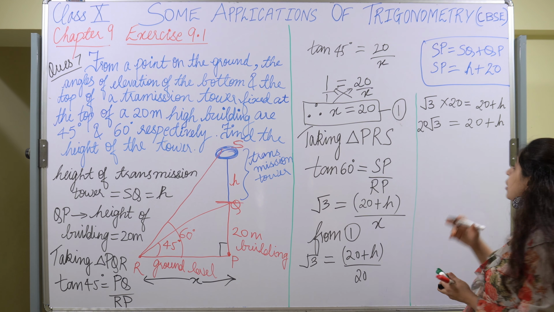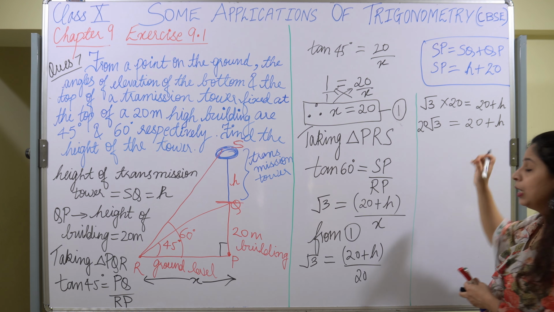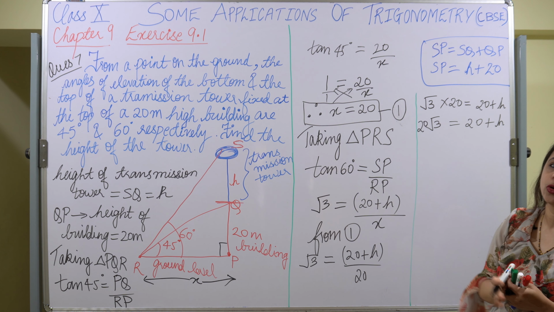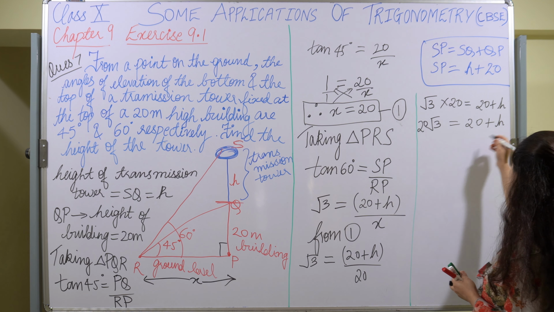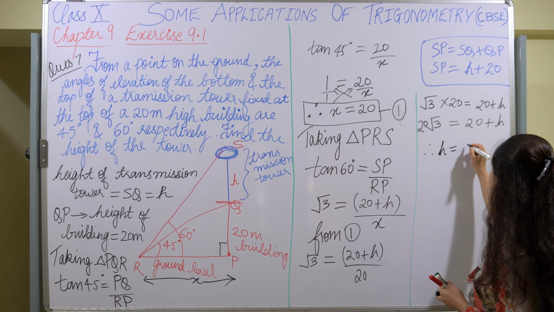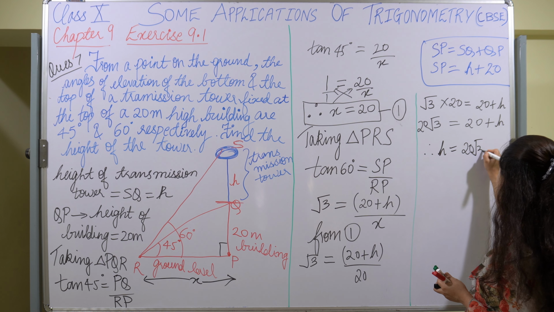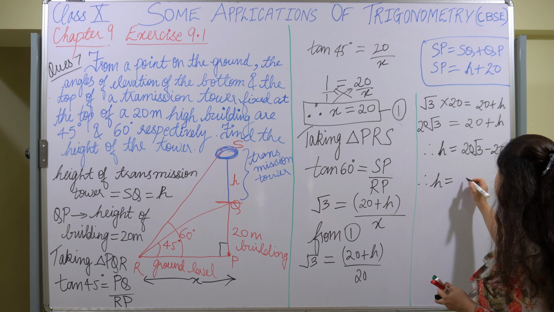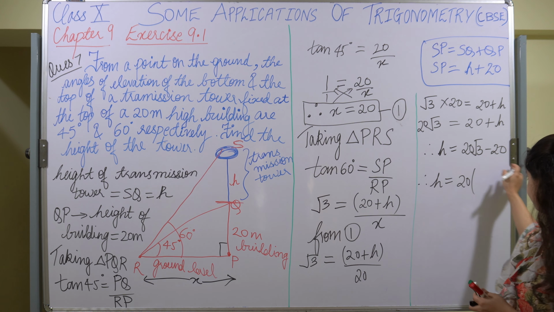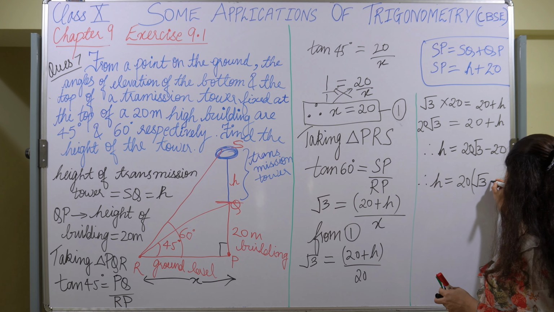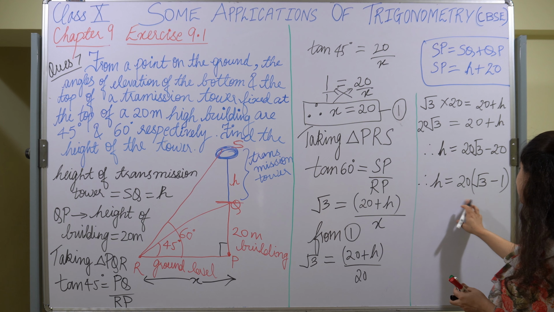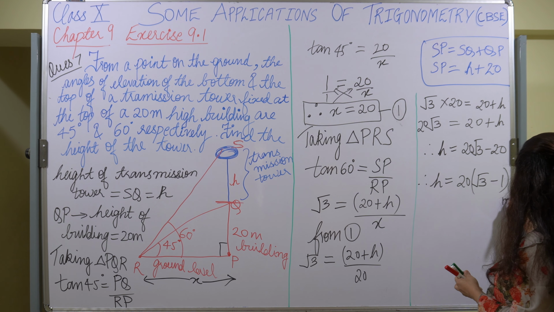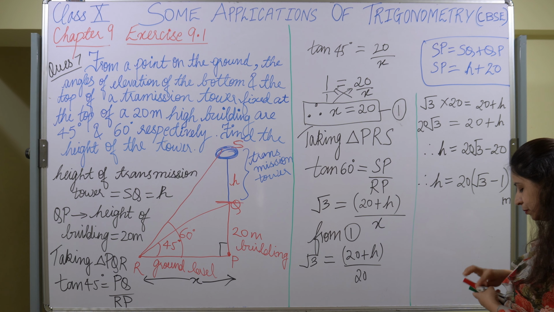This 20 is in addition on the RHS, so when it goes to the LHS, it goes with the negative sign. Therefore H is equal to 20 root 3 minus 20. Taking 20 common, the height of the tower came out to be 20 into root 3 minus 1. So this is my height of the tower.